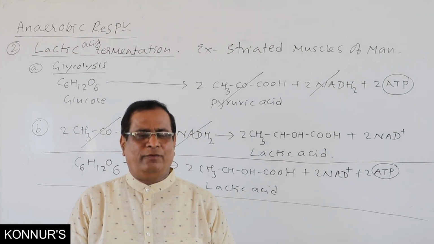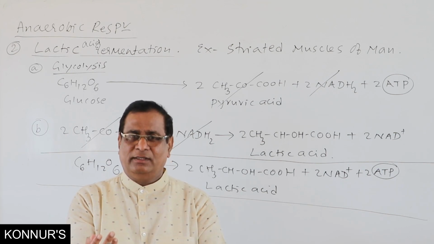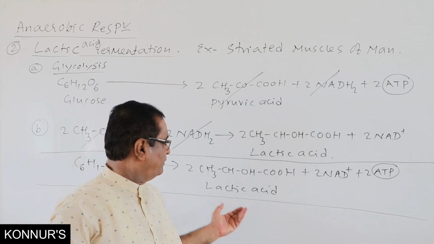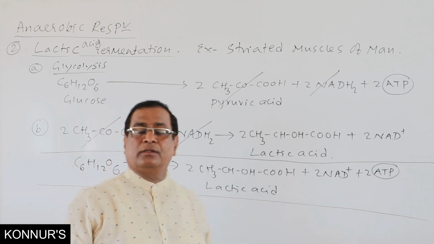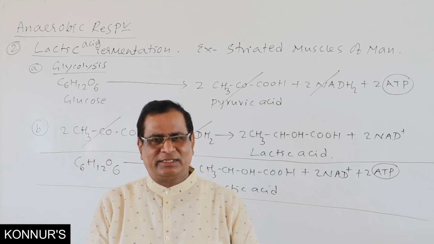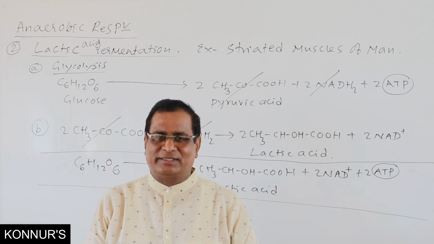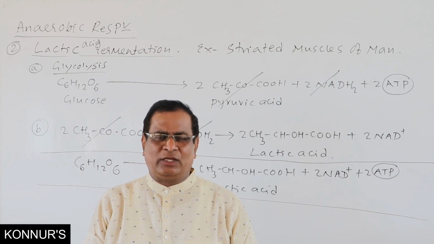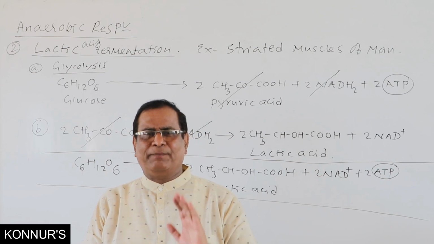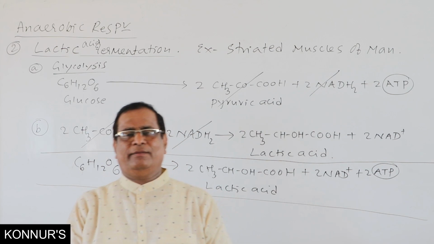Remember, if respiration takes place anaerobically in our muscles, lactic acid fermentation takes place, and that lactic acid starts accumulating in the muscles, so that we feel fatigue, tiredness. The tiredness is due to the accumulation of lactic acid in our striated muscles, and it happens only when the muscles respire anaerobically.